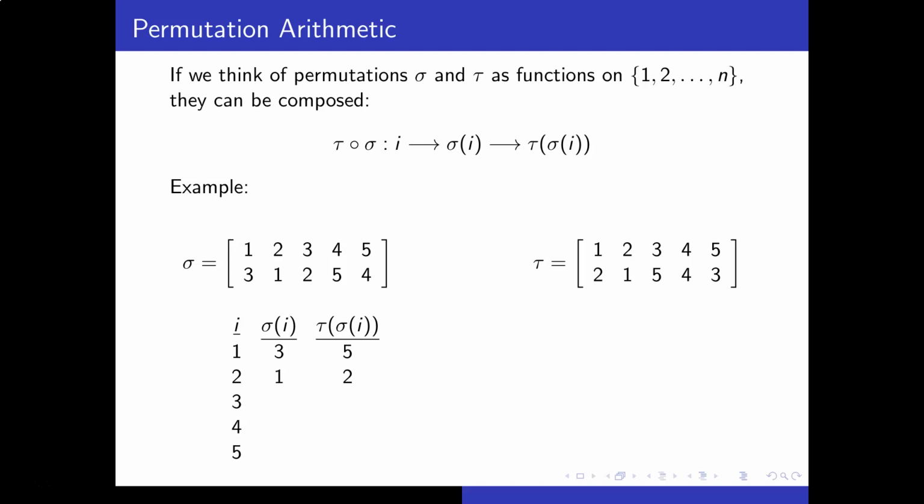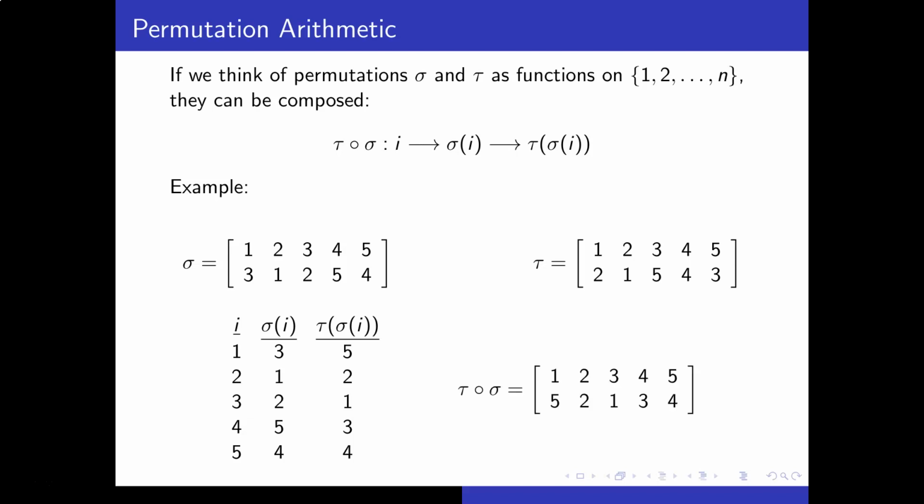If I plug in 3, 3 goes to 2, 2 goes to 1. If I plug in 4, 4 goes to 5, 5 goes to 3. And if I plug in 5, 5 goes to 4, and 4 goes to 4. So the important thing to notice is that we get the numbers 1 through 5 again. They're in some other order, but there are no repetitions and every number appears.